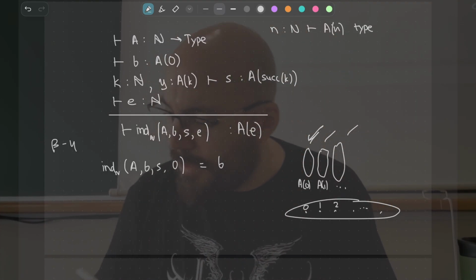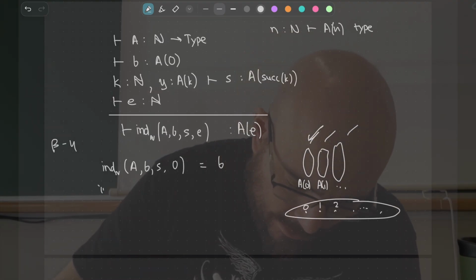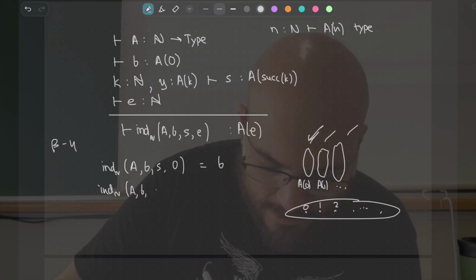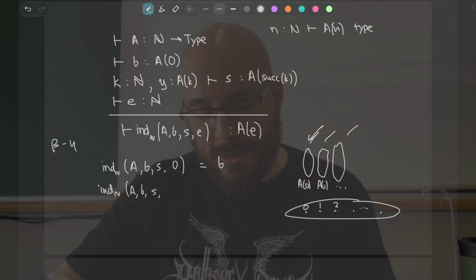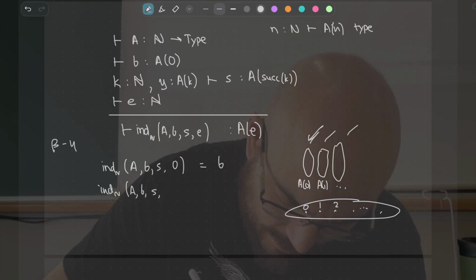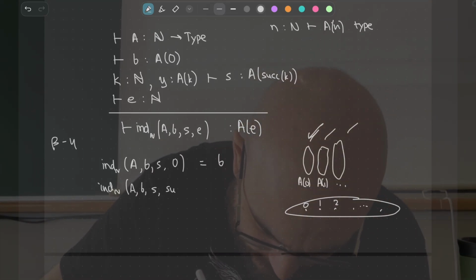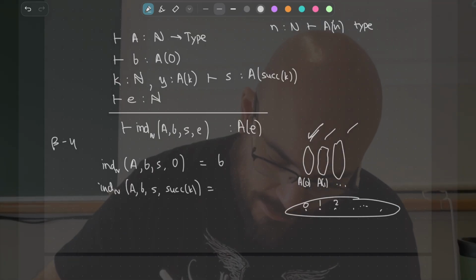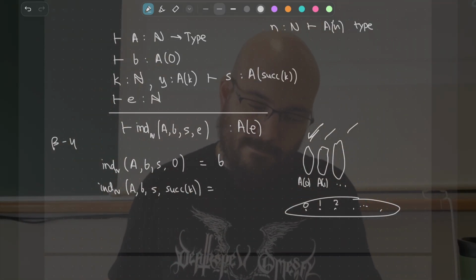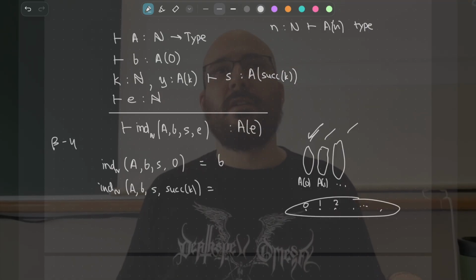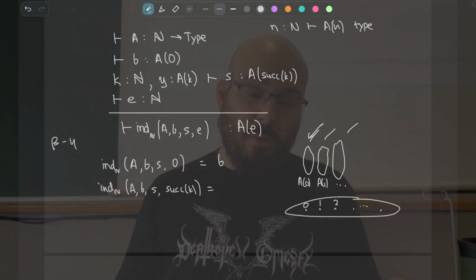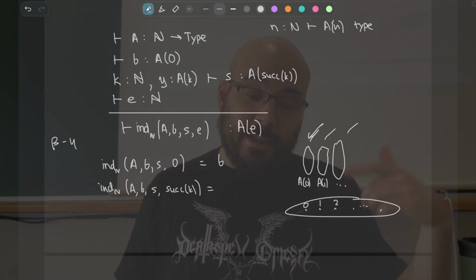And the other equation that I have is, if you give me this, let's try to figure this out, B, S, and now you give me the successor of something. What should this be? Let's figure it out. How do you do this? You make a recursive call, right?